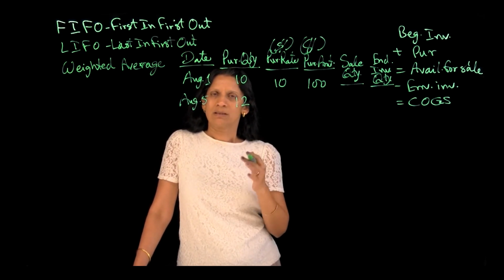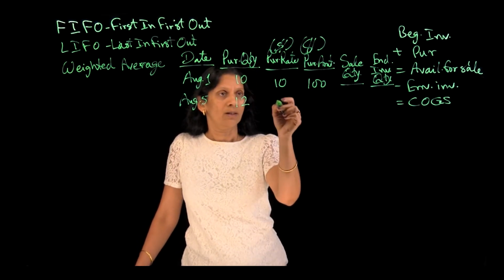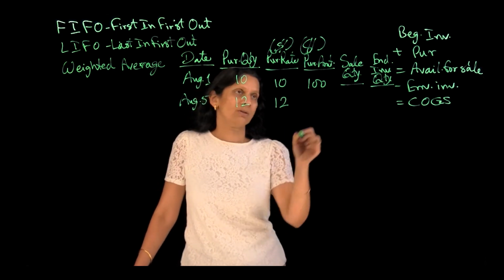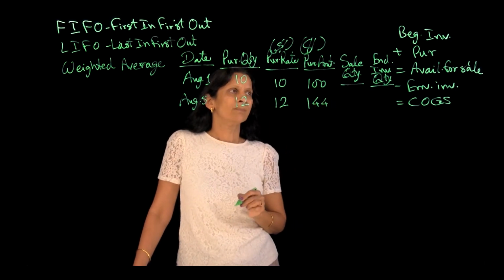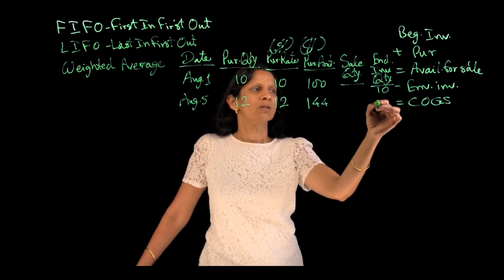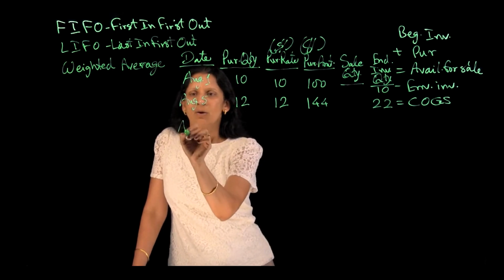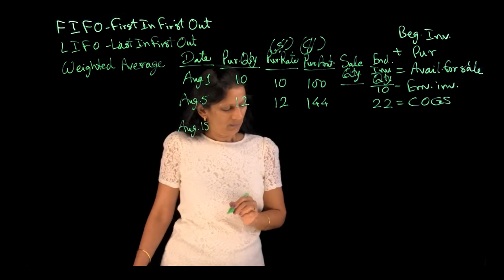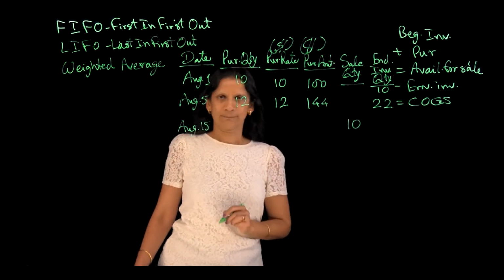Let's suppose that it's the increasing trend of price in the market, and so I could purchase it only at $12 and no more at $10. So the total amount of my purchase is $144, and hence my total ending inventory changed from 10 to 22. Then on August 15th, say, I am going to sell 10 units out of these.